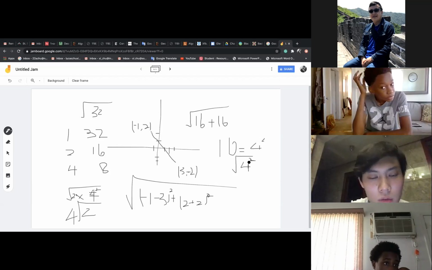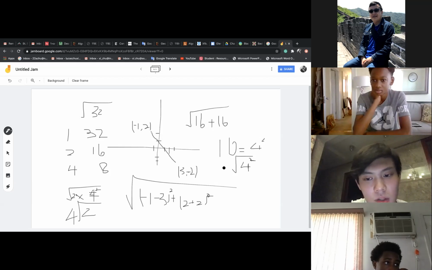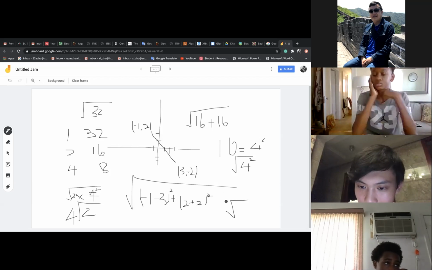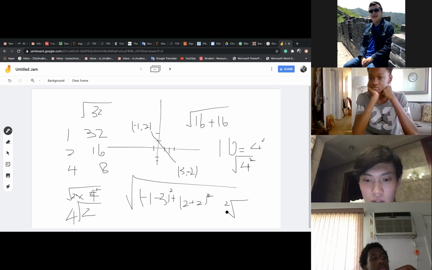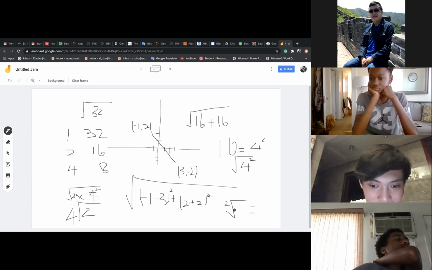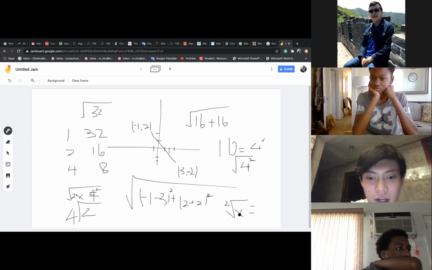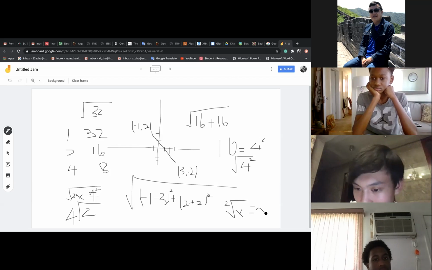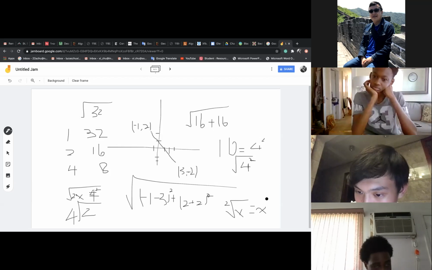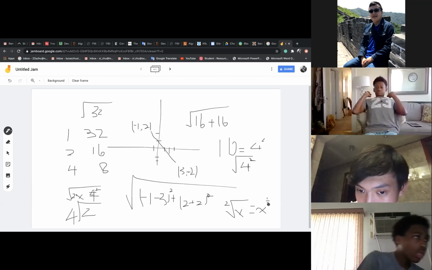They cancel out, because this is a square and this is also a square root. I'm not sure if you've learned this, but in the future you will learn that a regular square root of x equals x to the 1/2 power.